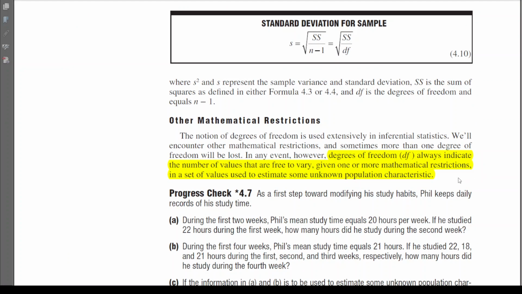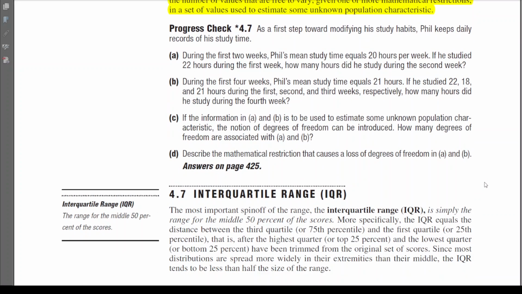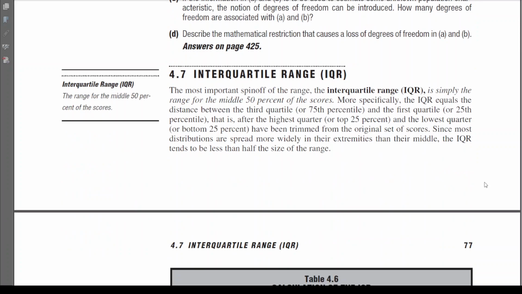The degrees of freedom always indicate the number of values that are free to vary in a set of values used to estimate some unknown population characteristic. So, degrees of freedom will always indicate the number of values that are free to vary in a sample when we are trying to estimate some unknown population characteristic from the sample.